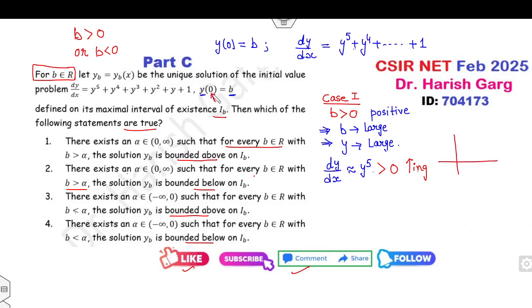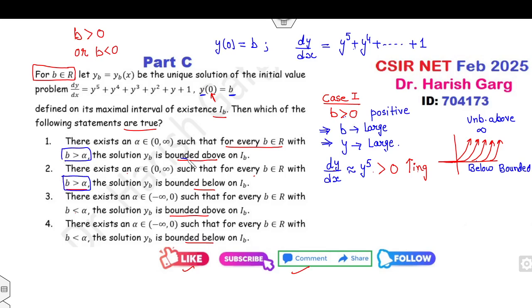Initial solution is given as 0, that means x is 0, the rate of change is positive, that means it is increasing. Understood up to here. Fine. And it is increasing up to where? As far as B goes, and what is the value of B? Infinity, that means this is unbounded above. And below? Below it is bounded, because whenever y is equal to 0 it is bounded below.